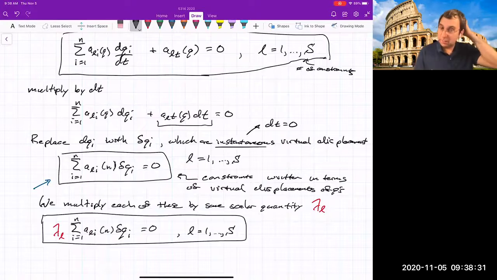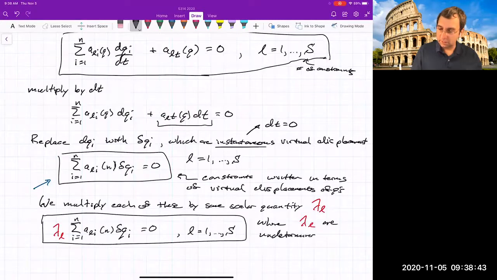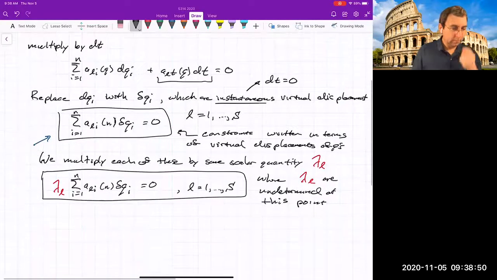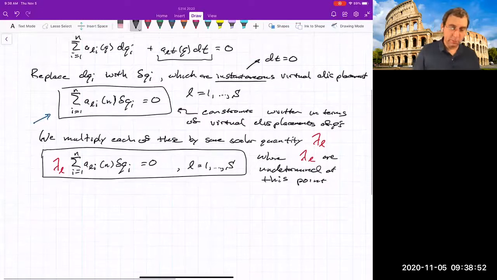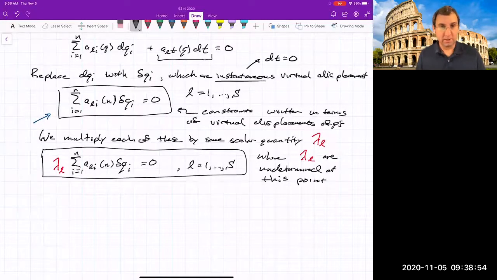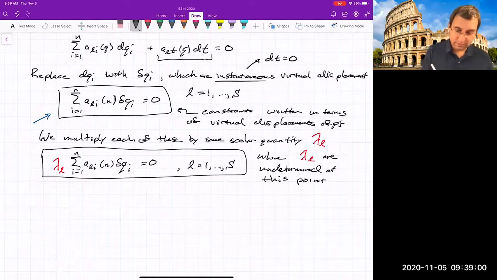We've just introduced some lambda L. The lambda Ls are undetermined, at least yet. They're undetermined at this point. They become something that is solved for. We introduce one for each constraint. So this index L goes from 1 to S, and they are called Lagrange multipliers.